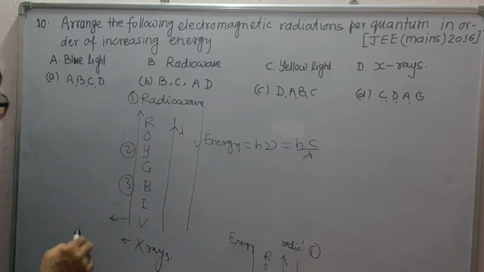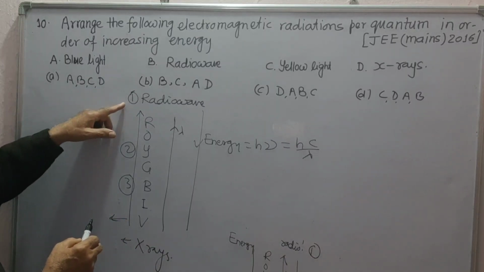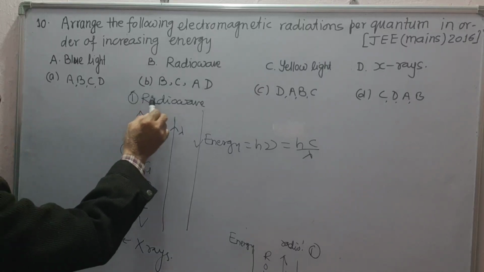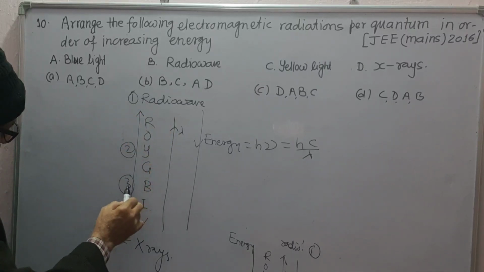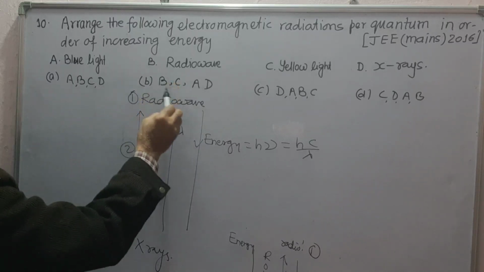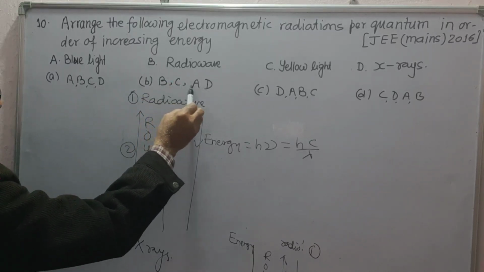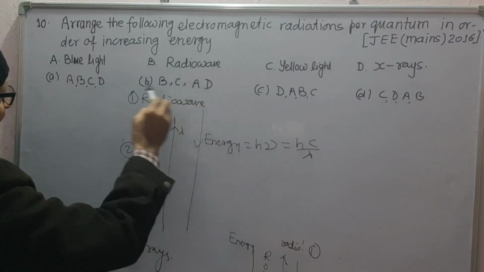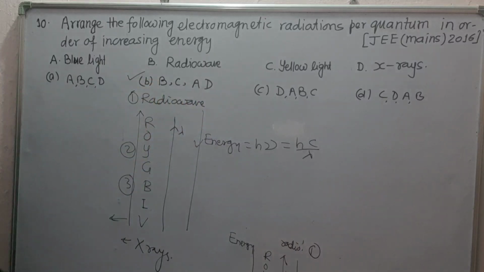So, in increasing order of energy, the correct option will be radio, yellow, blue and X-rays. So, correct option will be B.